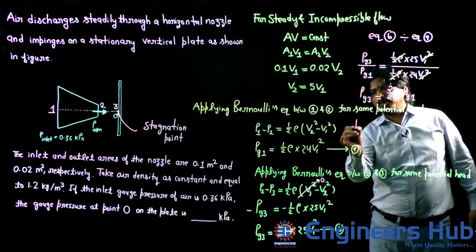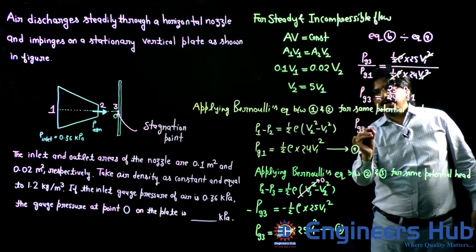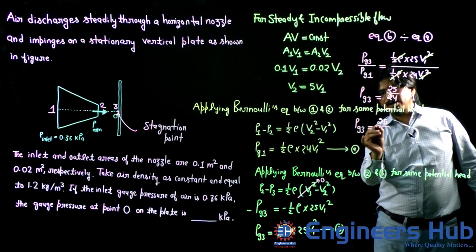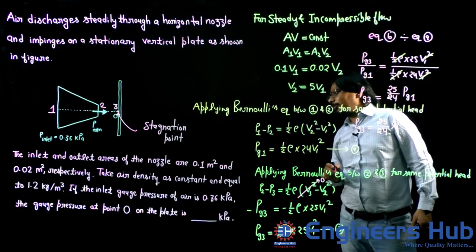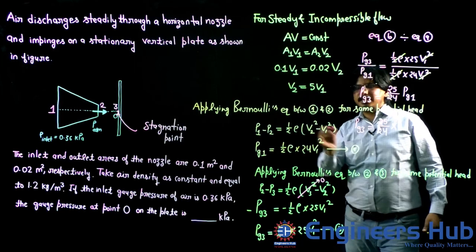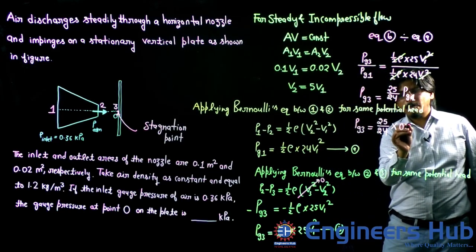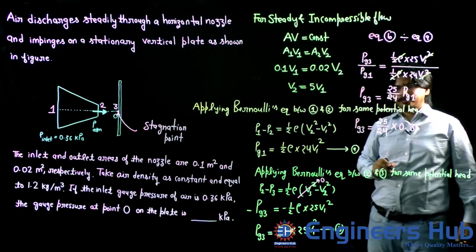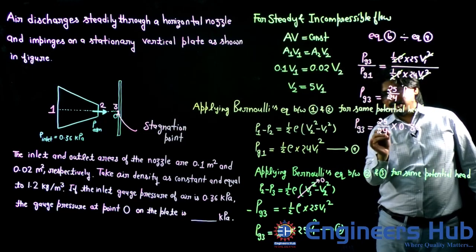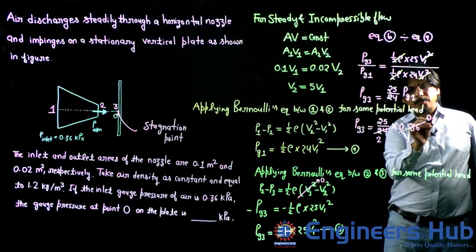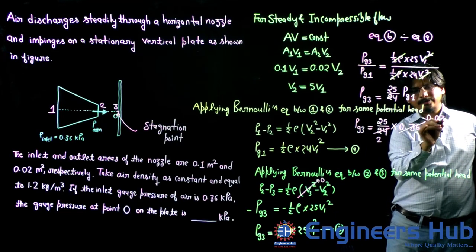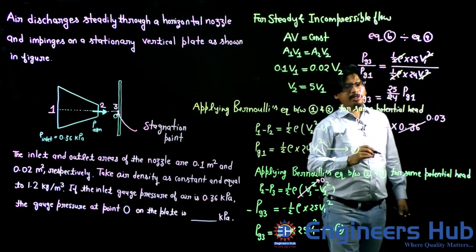So let us substitute, my friends. Pg3 is equal to 25 divided by 24 into Pg1. Pg1 is 0.36. Look here, 12 goes into 24 twice, so here I will be getting 0.03.